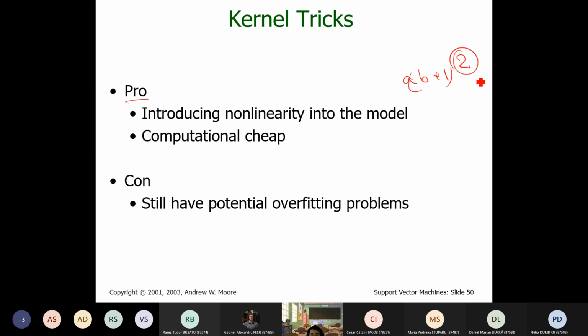I showed you a quadratic kernel, (a·b + 1) squared, but you shouldn't be limited to this value. You can use higher values, higher dimensions, 3, 4, 5, and so on. So no matter how many dimensions you have here, you can still do the product in the initial space with O of m, and then go to the complexity that you desire based on the complexity that you choose for your kernel, for your basis function.